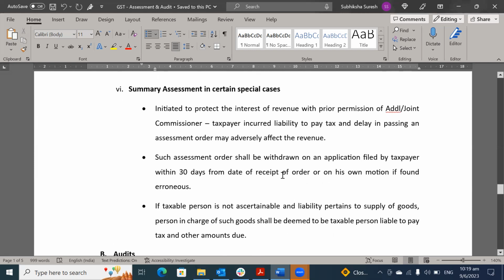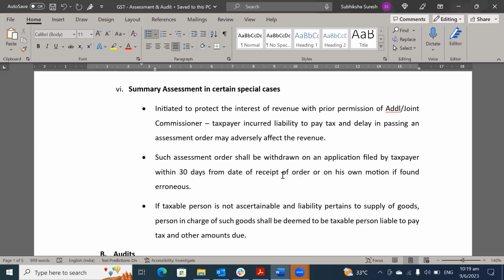So, summary assessment. If the proper officer thinks that the taxpayer has the liability to pay tax under GST and that without issuing an assessment order, it will affect the interest of revenue, he will request the permission of the additional or joint commissioner to conduct assessment on a summary basis.